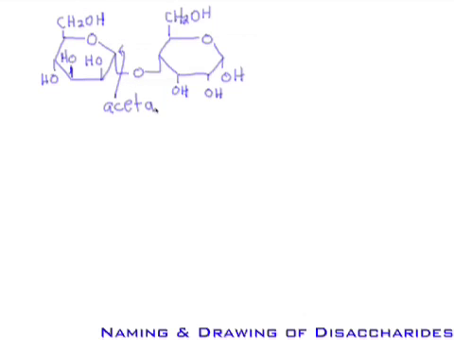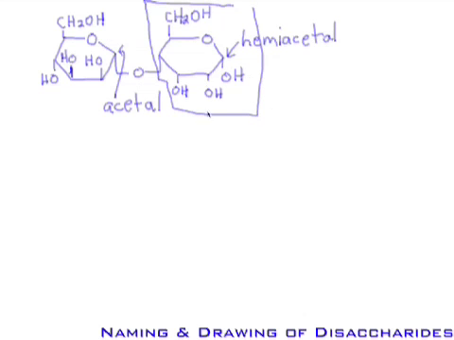There are two oxygens, there's no OH, so it's no hemi, but there is an H here. And this guy has an OH, and this is a hemiacetal. So what I do is I name the hemiacetal end as the root sugar. So I'm going to open this guy up and figure out what that is. I'm going to do that over here.